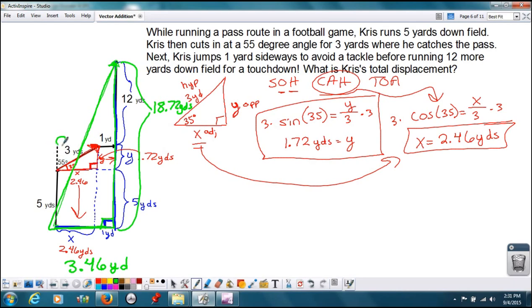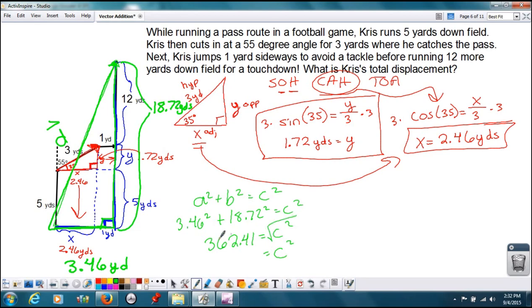Okay, I'm going to call this direction D for right now. So to find the hypotenuse, I'm going to use the Pythagorean theorem. A squared plus b squared equals c squared. So 3.46 squared plus 18.72 squared equals c squared. So I have 362.41 is equal to c squared. Don't forget to take the square root of both sides. 19.04 yards.